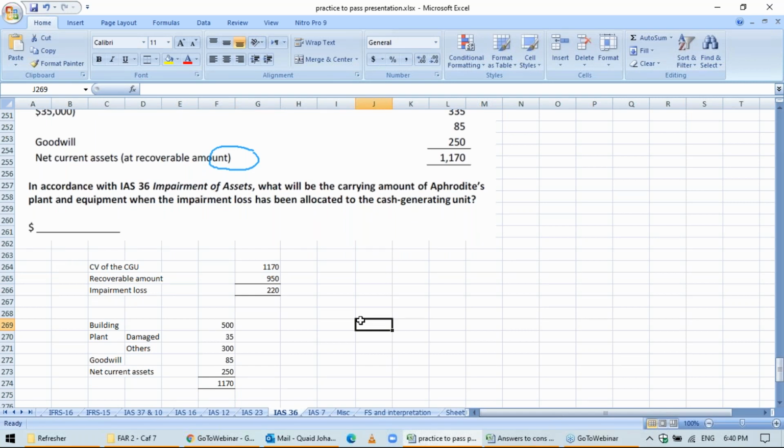First, I have already calculated the impairment loss. Now I have to allocate this loss to various assets over here. This is the carrying value amount. Now I'll be allocating the impairment loss to various assets. First, to which asset?